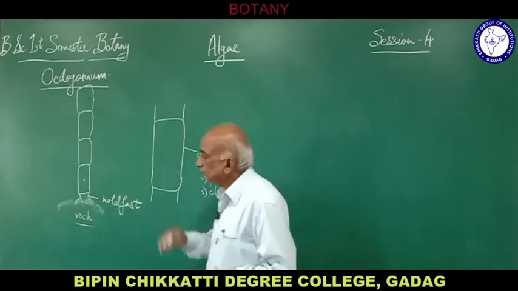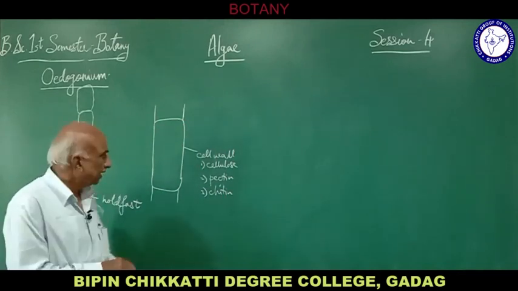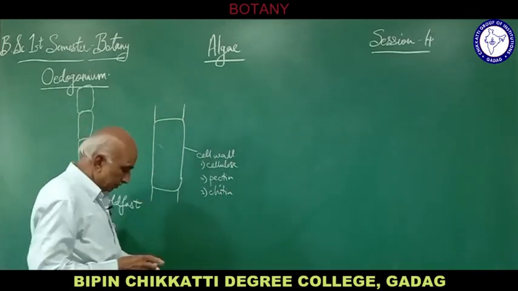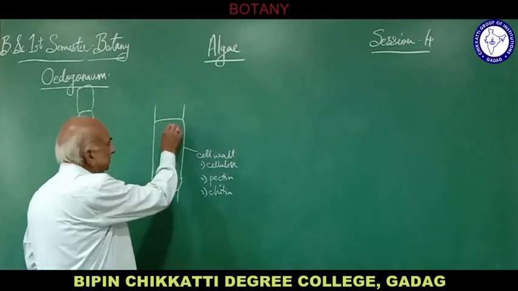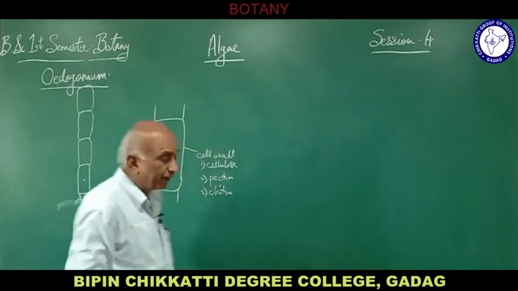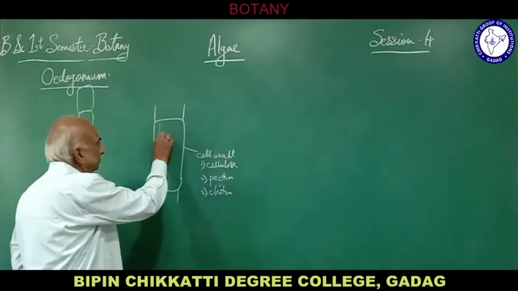And coming to the other parts of the cell. Now this cell has the cytoplasm and the nucleus. Now the very important thing is the chloroplast is somewhat different here. So the chloroplast is branched like this.